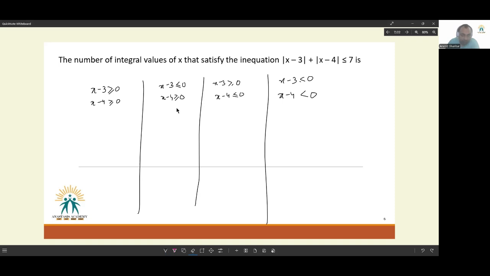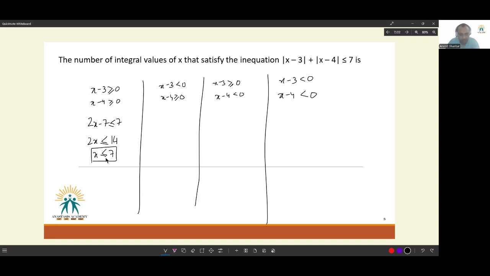Okay, see, because this is not a method I employ very frequently, I even made the mistake of writing less than or equal to 0 instead of less than 0, which is not accurate. Now here, the function would open up to 2x minus 7 is less than or equal to 7, or 2x is less than or equal to 14, or x is less than or equal to 7.